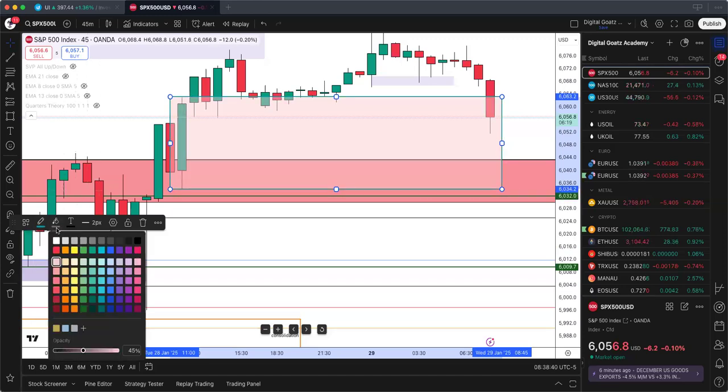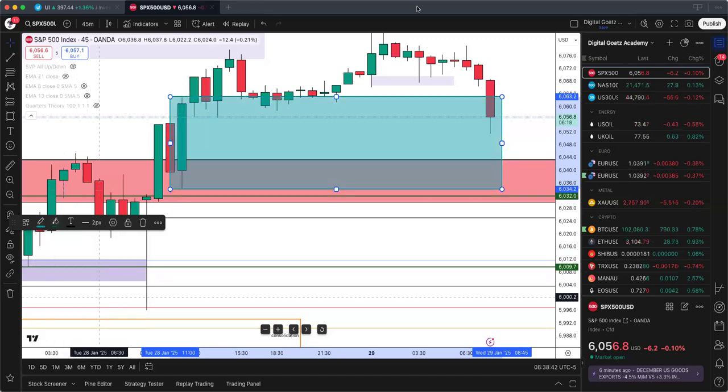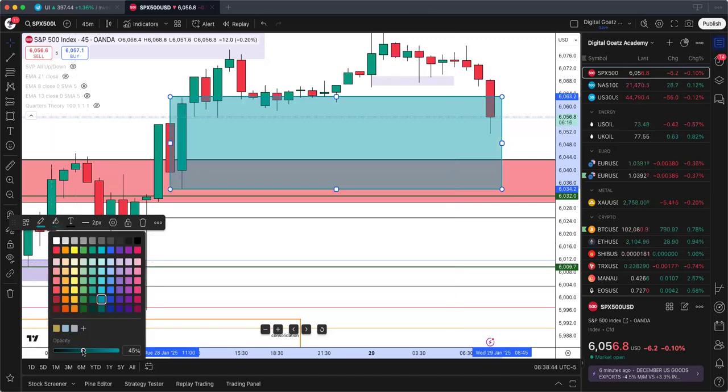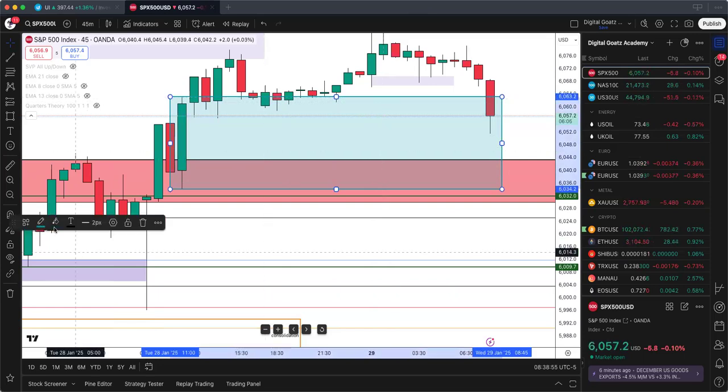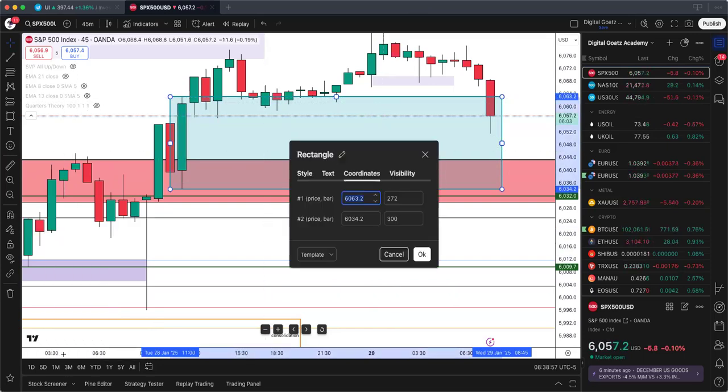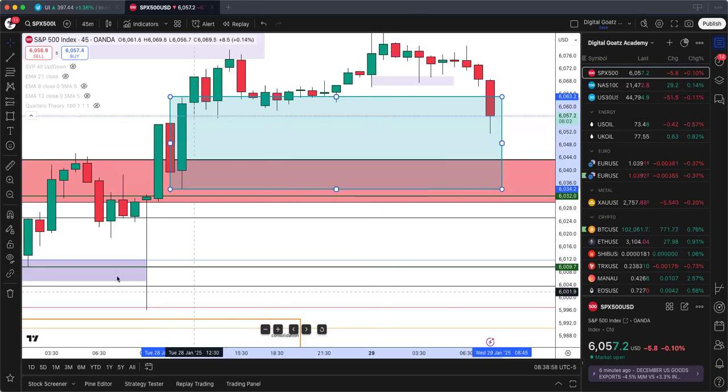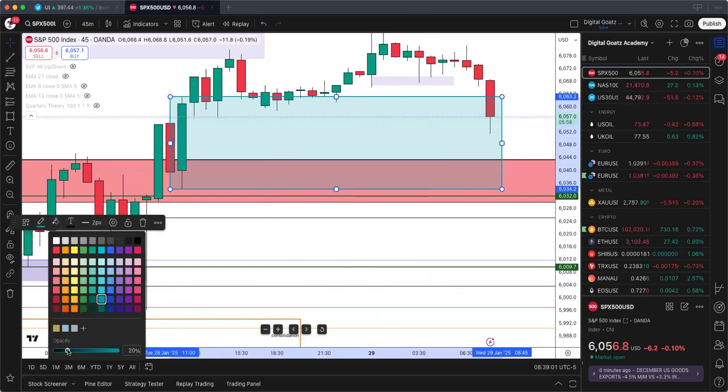Let's do this blue right here, or turquoise, whatever color that is. Well, I guess it really doesn't matter for the inside color. Doing too much, right?